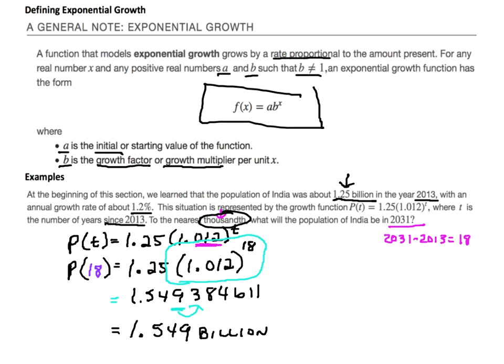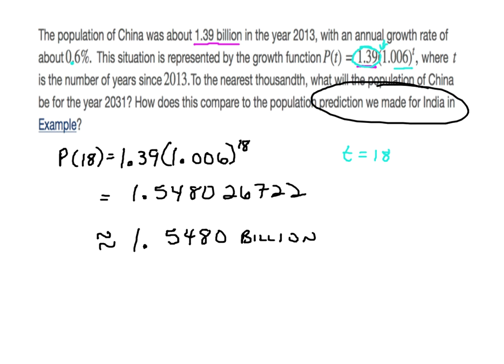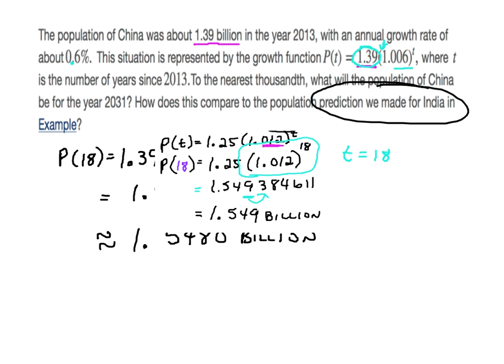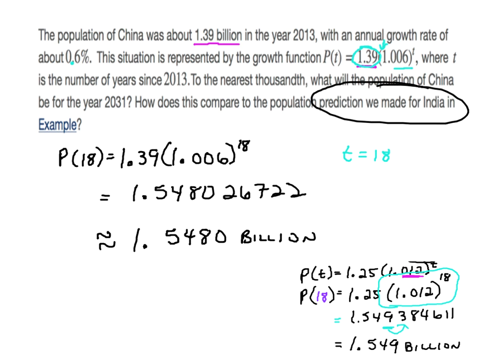So let's go back and grab our population prediction for India, and I'll take it to this other page so we can look at them side by side. Okay, so let me just label this. This is India, and this is China.